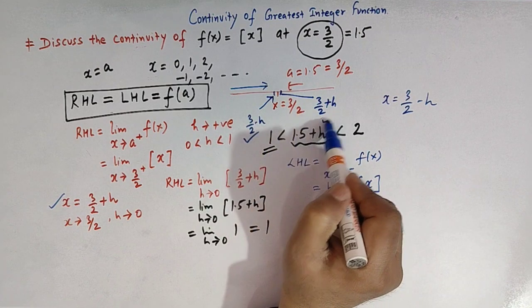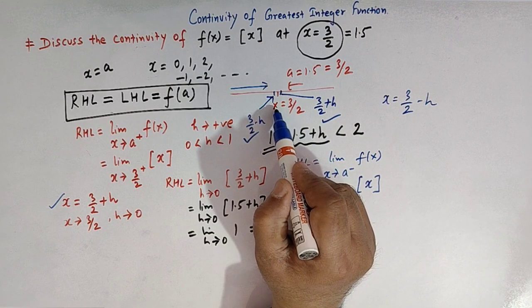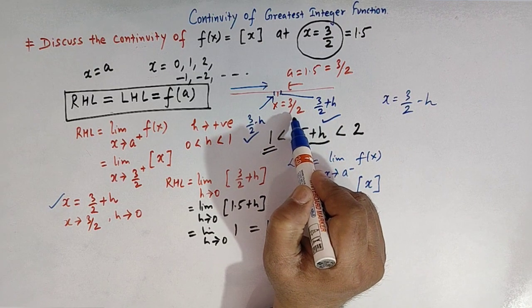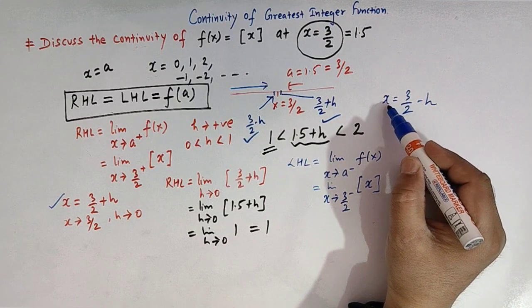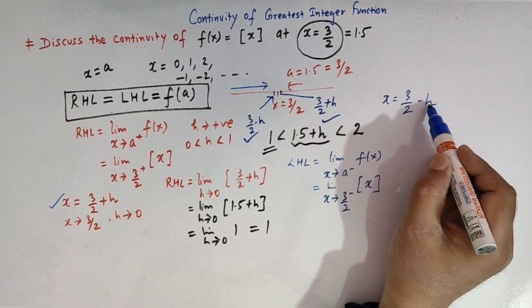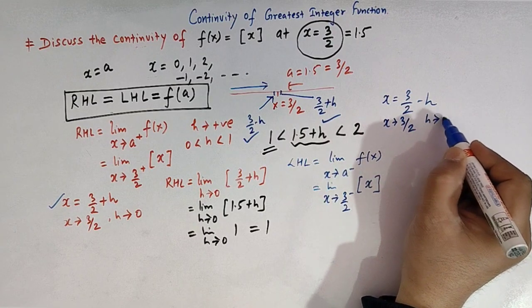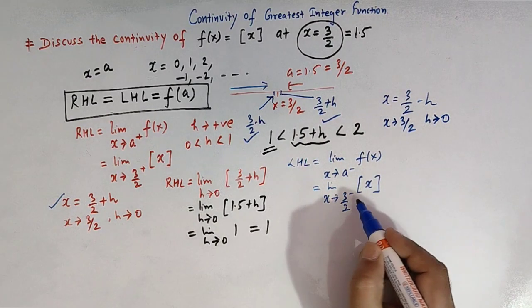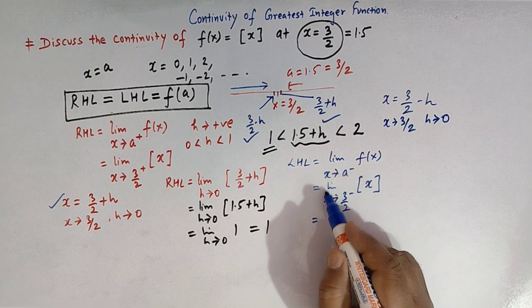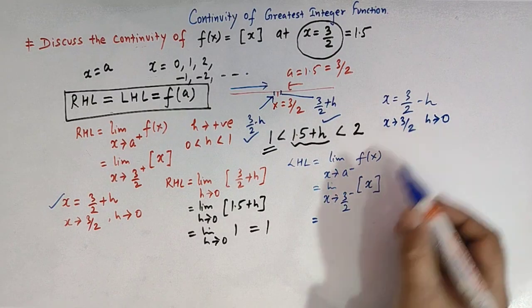So these 2 points are in the neighborhood of x is equal to 3 by 2. So we can take x is equal to 3 by 2 minus h. When x tends to 3 by 2, h tends to 0, right?